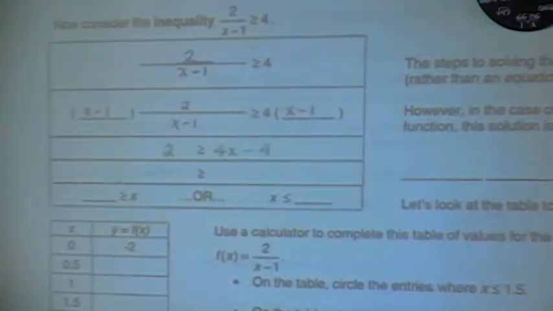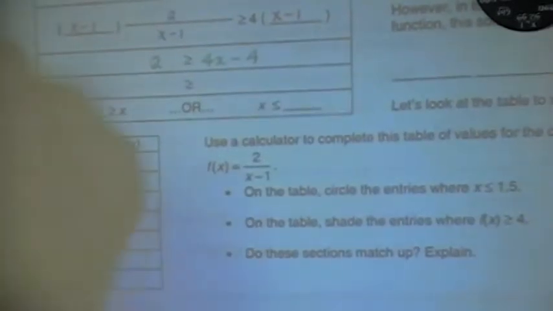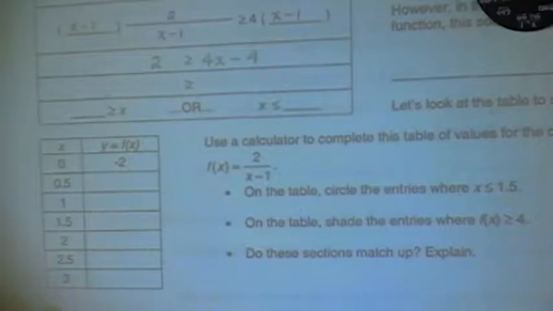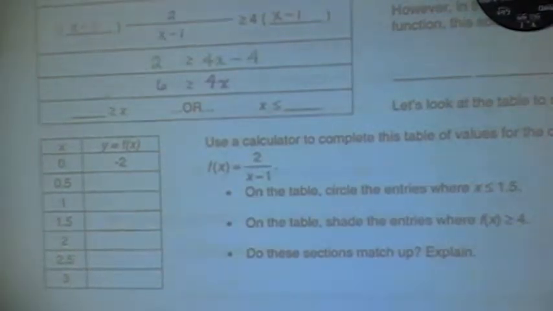This time it just happens to be greater than or equal to. Add 4 to both sides. So I get 6 is greater than or equal to 4x. And then divide both sides by 4. And I get 3 halves is greater than or equal to x.